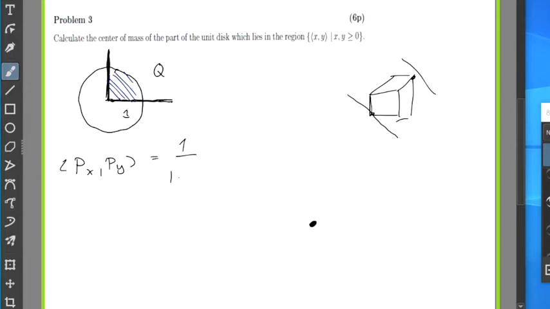So 1 over the area or the mass times the integrals of x and y over the region. However, if we are on Earth and not looking at a satellite orbiting the Earth or something like that, we can always assume that the gravity field is homogeneous, so the same everywhere, and then the center of mass is equal to the center of gravity.